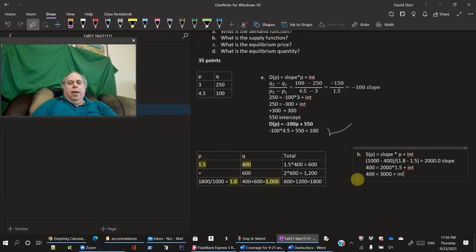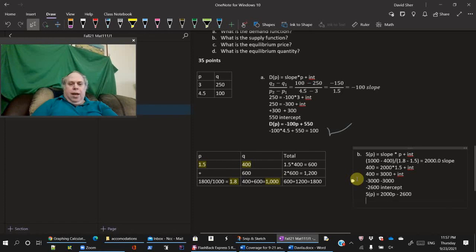So the slope is always positive. The intercept is sometimes negative, but there's no guarantee on that. Minus 3,000 on both sides gives me negative 2,600 as the intercept. So my formula for S of P is 2,000 P minus 2,600.